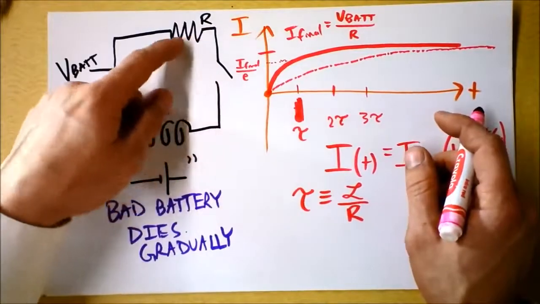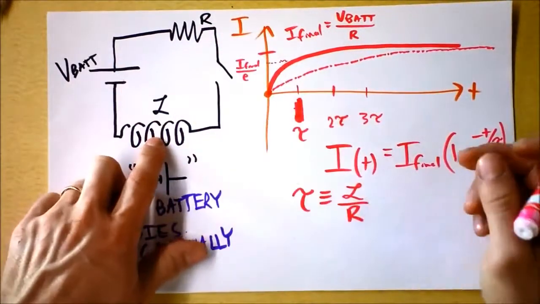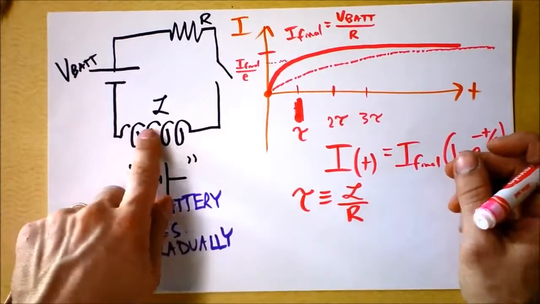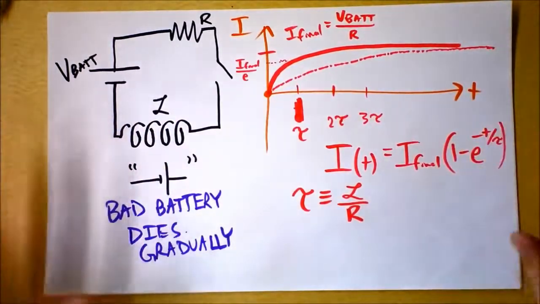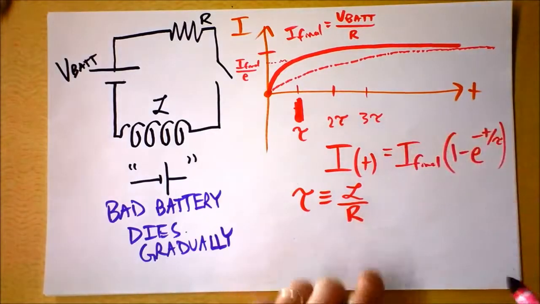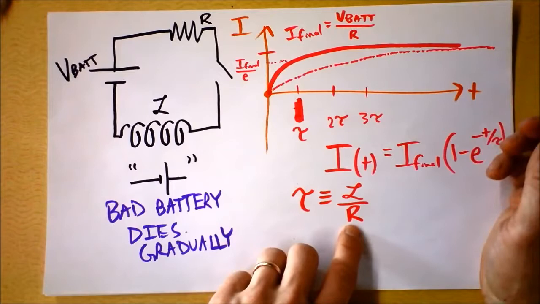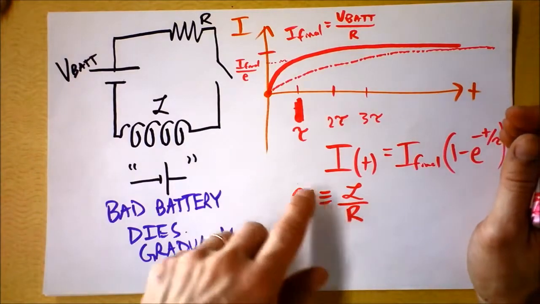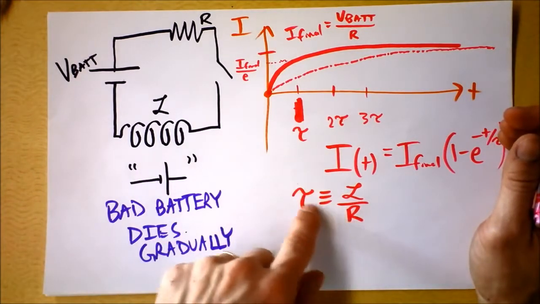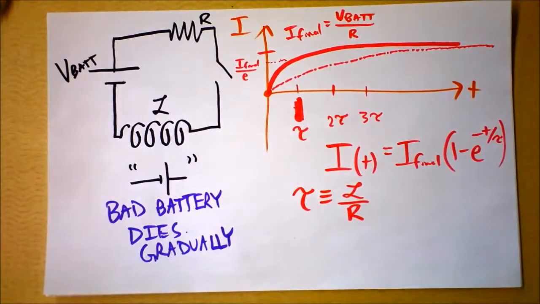If there's no resistance at all here, we suddenly try to have an enormous current going through this inductor, and the inductor says no, and it takes a very long time. So it's actually inversely proportional to the resistance. So a bigger resistor ends up taking a shorter time. Really, really counterintuitive.